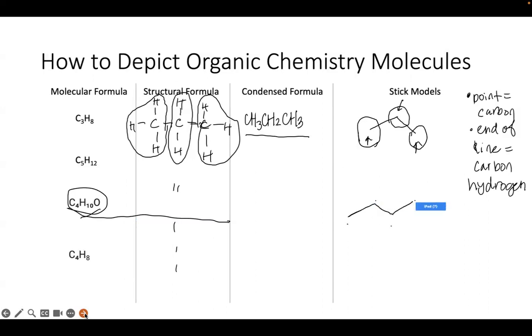And then I would have one other bond coming here to an oxygen. And then it would be implied that there'd be 2 hydrogens here, 2 hydrogens here, 2 hydrogens here, 3 hydrogens here. And I'm assuming there's probably, let's see, what is our count at? 2, 4, 6, 8, 9. So there's probably a hydrogen hanging out here.